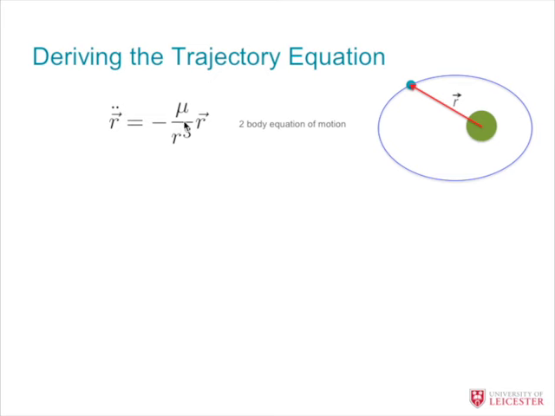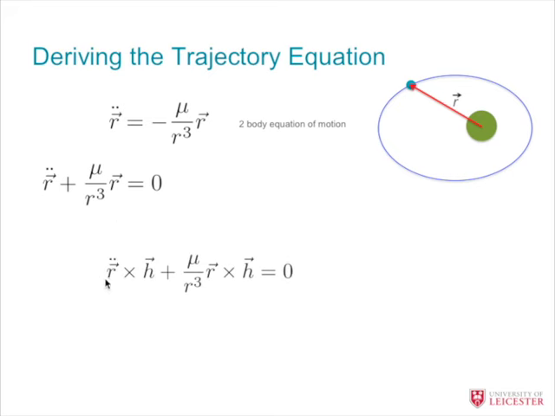And remember that the gravitational parameter is just the product of the gravitational constant and the mass of the gravitating body. So the first thing we'll do is just take this right-hand term and bring it over to the left just to make things a little tidier.